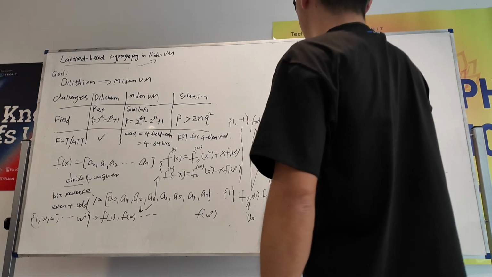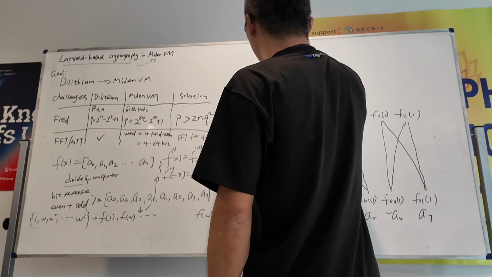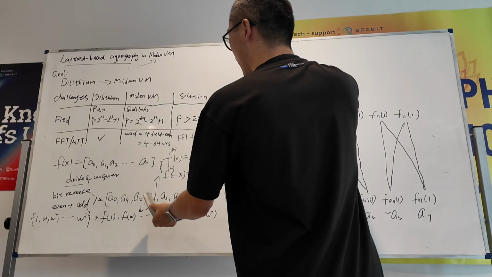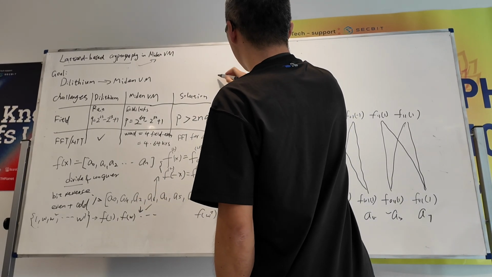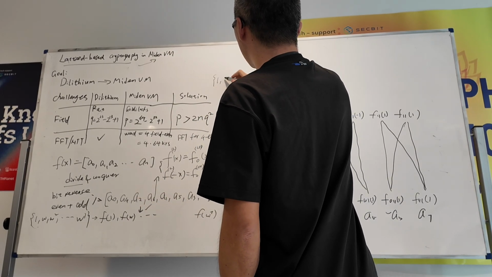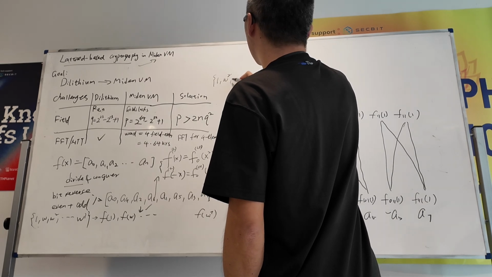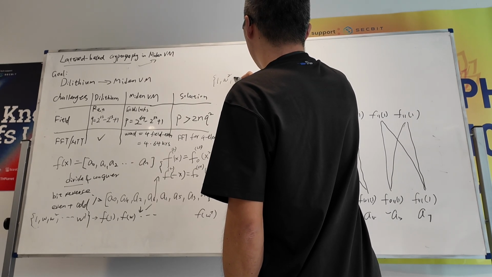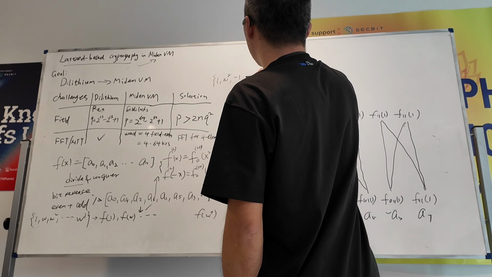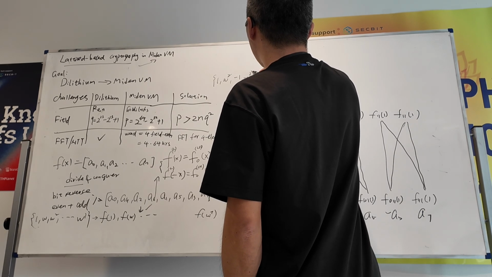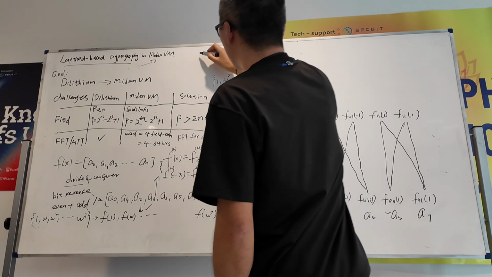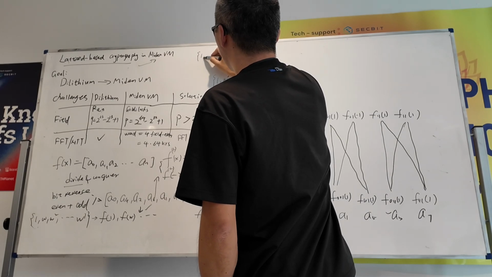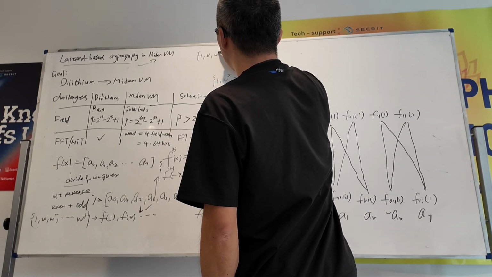Next layer will be similar. And finally, you will get all this. I think there will be another layer, 1, omega square, minus 1, minus x squared. And the final layer will be 1, omega square, omega.